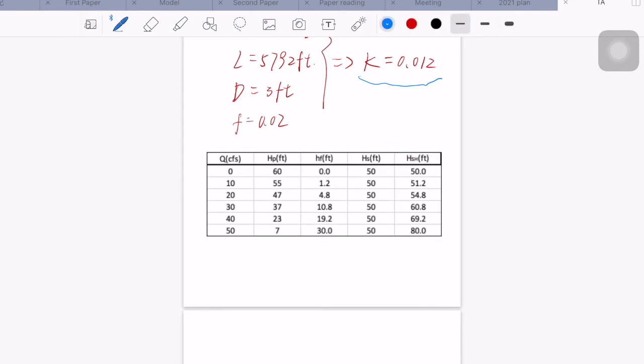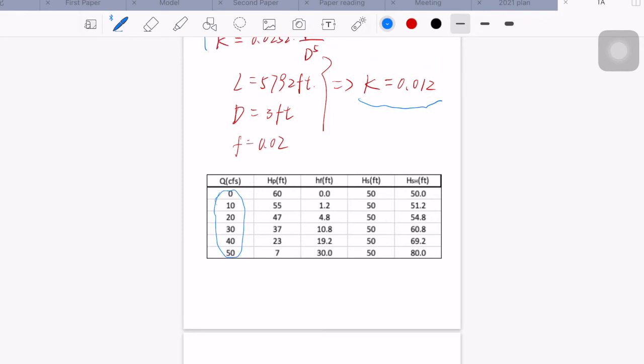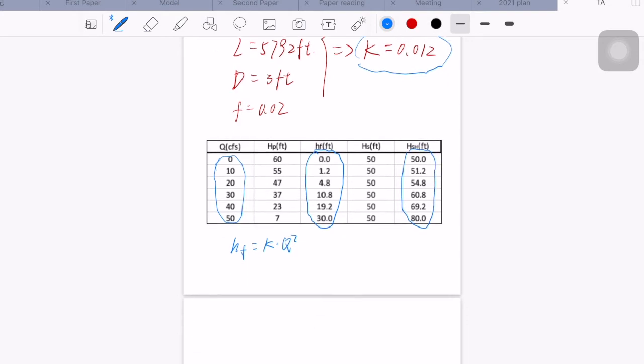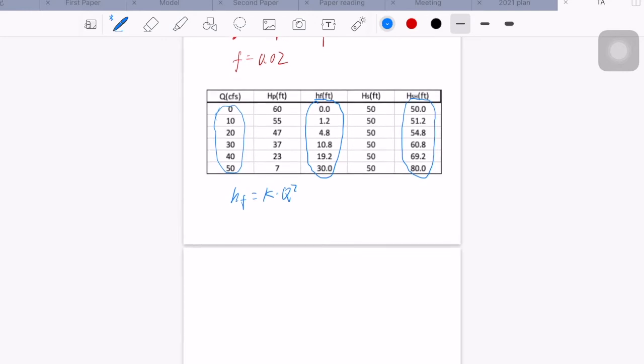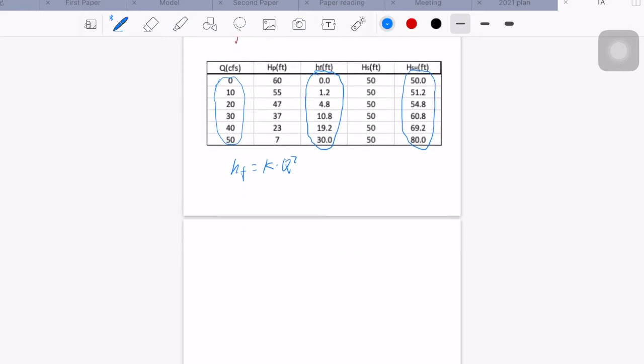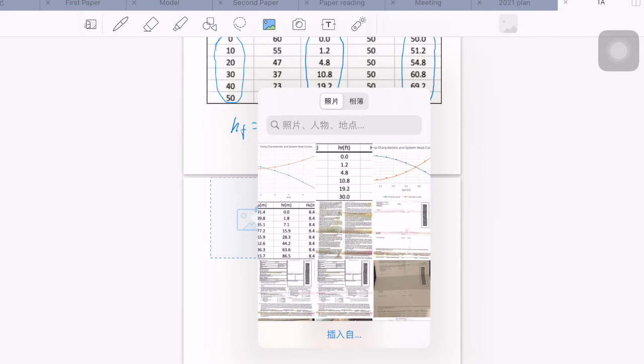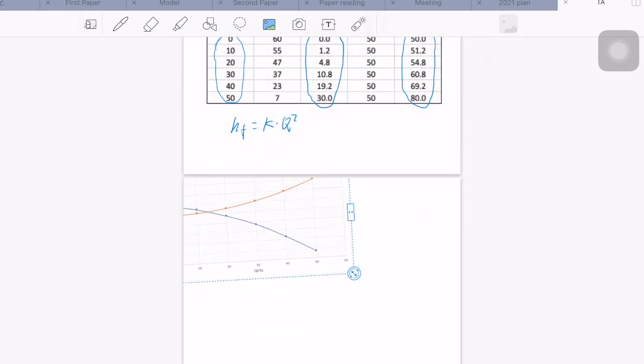We know the Q, so we use the equation H_F equals K times Q squared. We also know the K, so we can determine the friction loss in this column, and then we can get the system head in this column, and then we can plot the system head in a figure like this one.